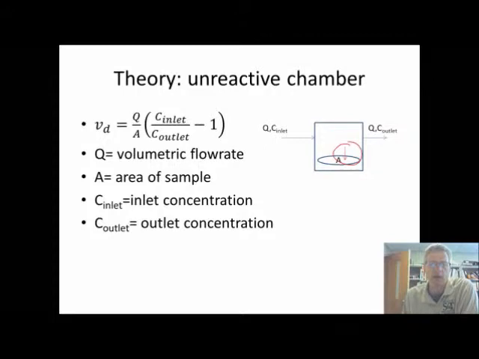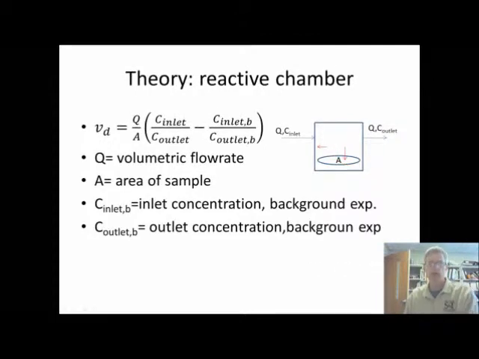It doesn't account for the fact that you can have removal of ozone on the chamber itself, and so we do have to take that into account here. There's a modified equation that looks like this, in which we can account for the ozone that is removed by the chamber itself. It's relatively low reactivity, but it's enough that we need to keep an eye on it.